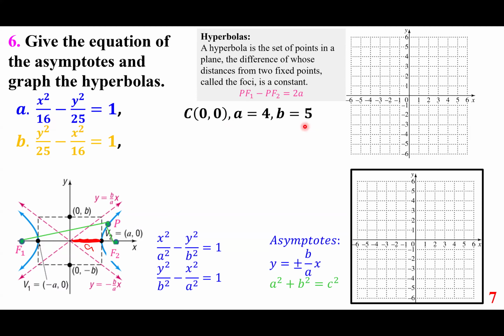Again, the way I'm going to keep it, a squared will be under x squared. And in that case, y is plus minus b over a, 5 over 4, x. So that's the center for both cases, and the asymptotes are plus minus 5 over 4 times x.